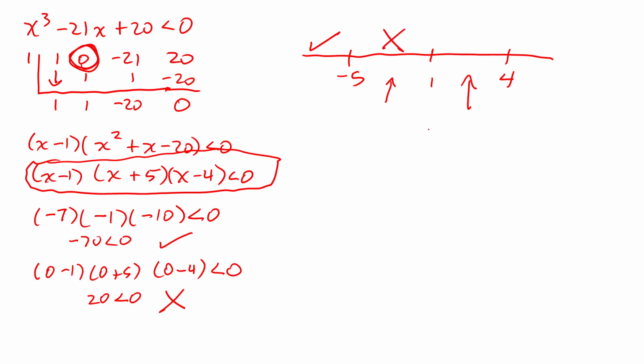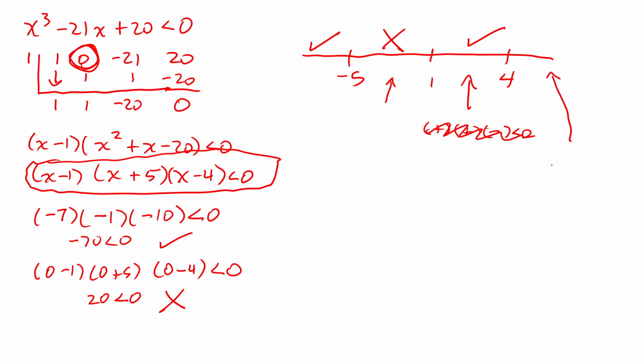So the first factor is x minus 1. If x is 2, x minus 1 is positive. If x is 2, x plus 5 is positive. And if x is 2, x minus 4 is negative. Well, would a positive times a negative be less than 0? Yes, it would. And finally, when we go to interval 4, we pick a number greater than 4.